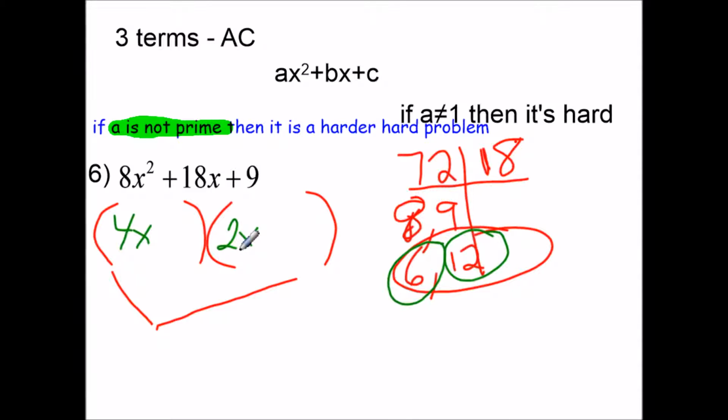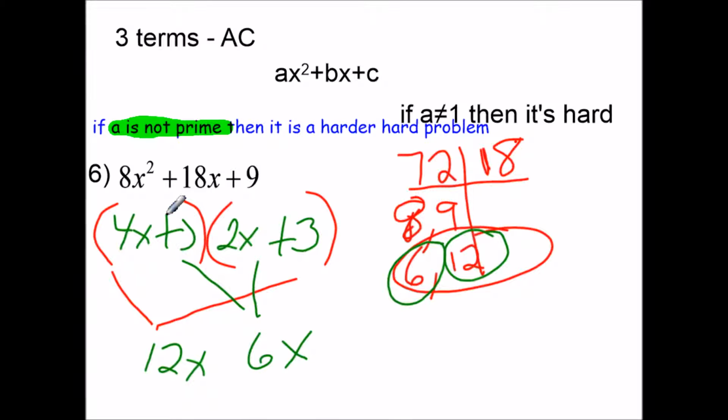Now when I do outer times outer, one of my magic numbers is a multiple of 4. It's 12x. So 4x times positive 3 gives me the 12x. Inner times inner has to give me the 6x. 2x times positive 3 gives me the 6x. Last times last is 9.